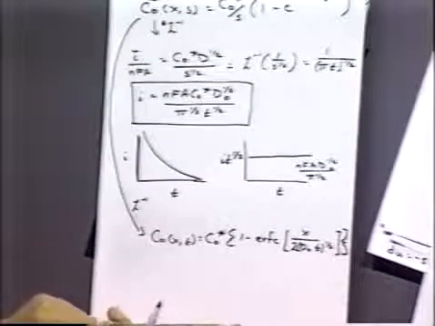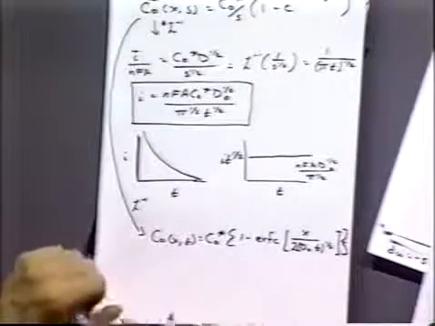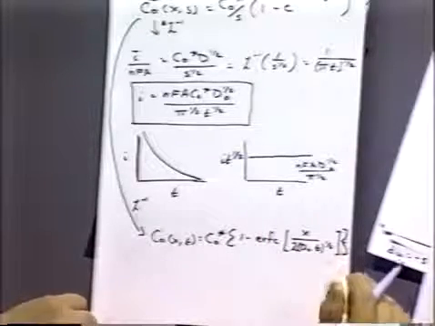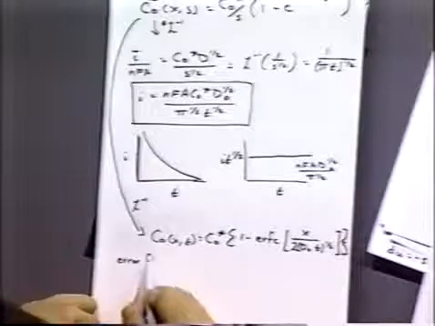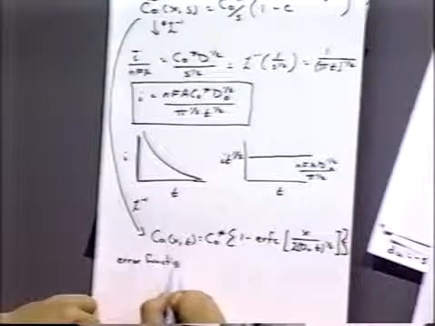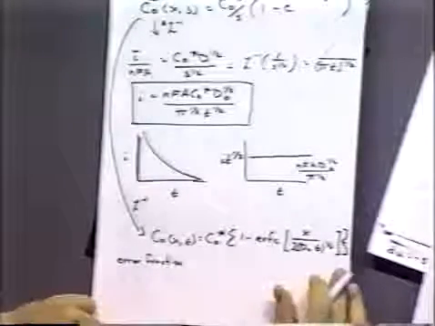And the error function complement is not something you run across every day, but it's something we see quite a bit in electrochemistry for this reason, that it pops up in the Cottrell solution.